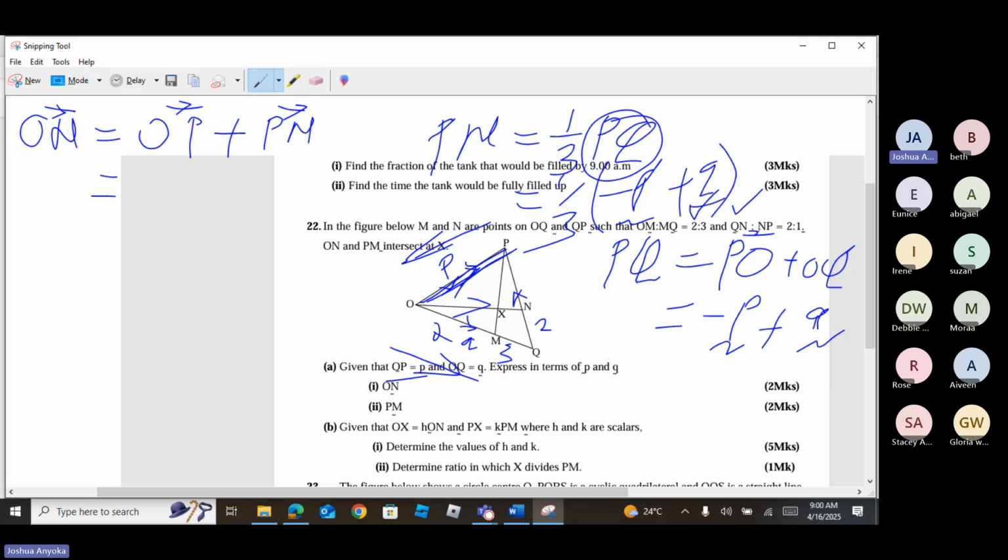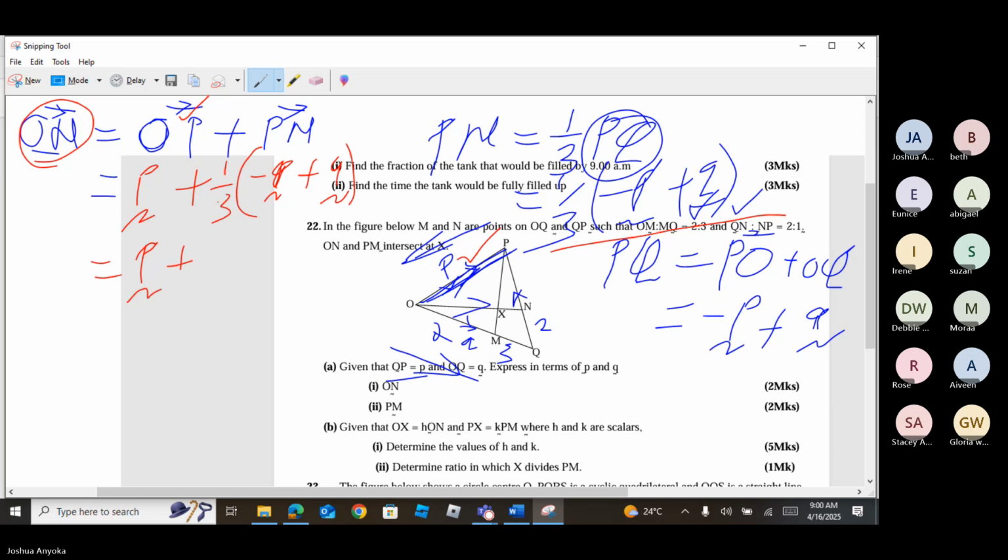So vector ON is equal to OP, and OP is vector P, plus vector PN, where PN is a fraction, it's 1 over 3 into minus P plus Q, opening brackets, vector P minus a third P plus a third Q.